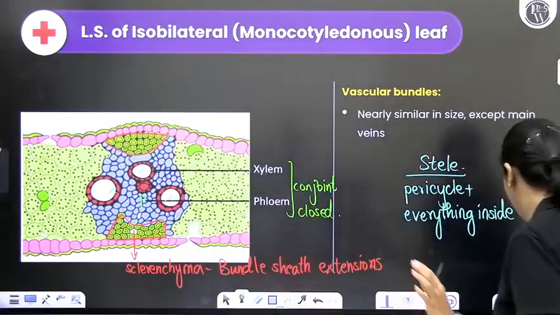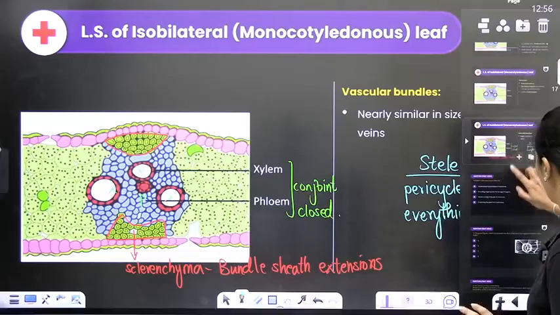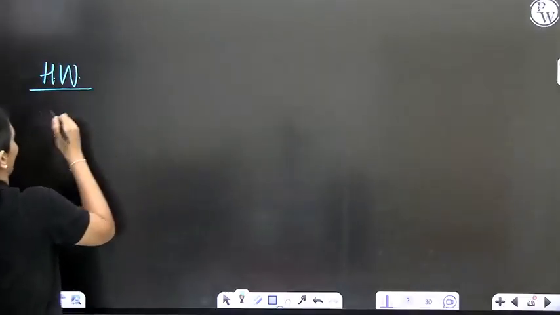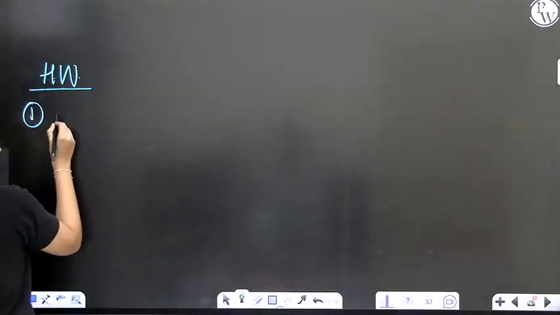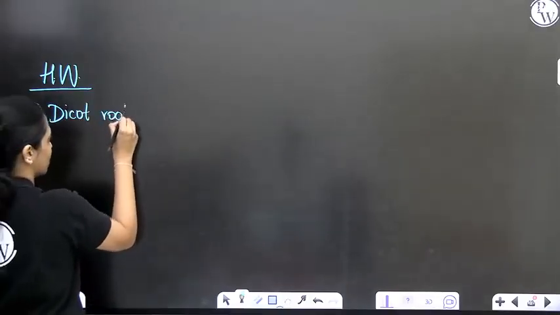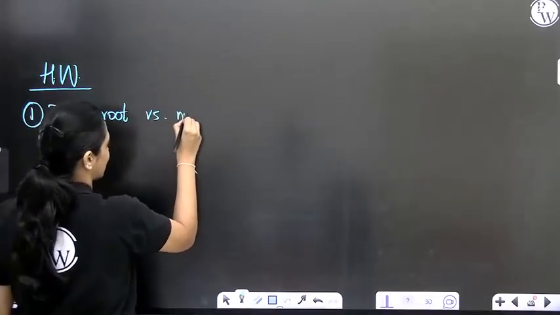Today there is no DPP. I want to give you all some homework. Make a list of the differences and send it to me. Difference between dicot root versus monocot root.